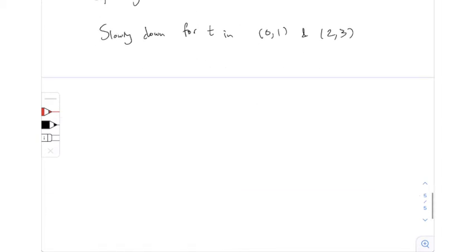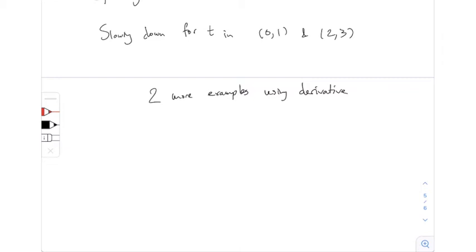So I would like to do 2 or 3, just 2, I think, 2 more examples using the derivative, but having nothing to do with speeds or accelerations, and in fact, not even having anything to do with time.